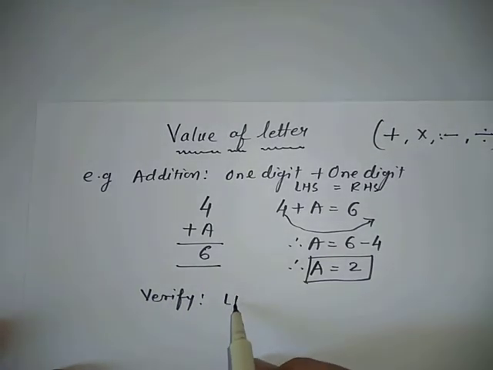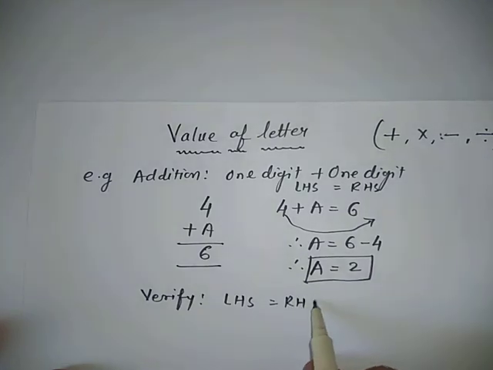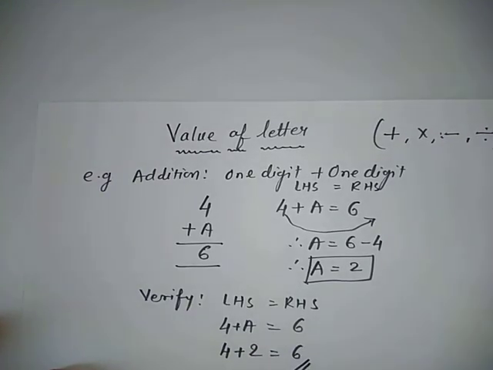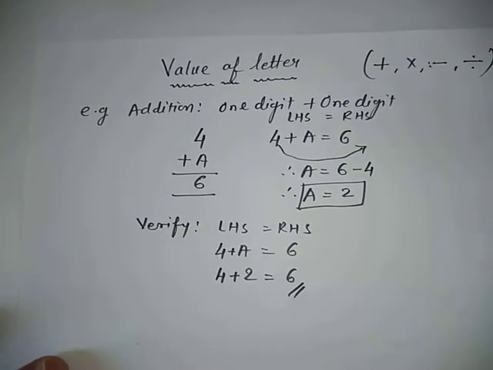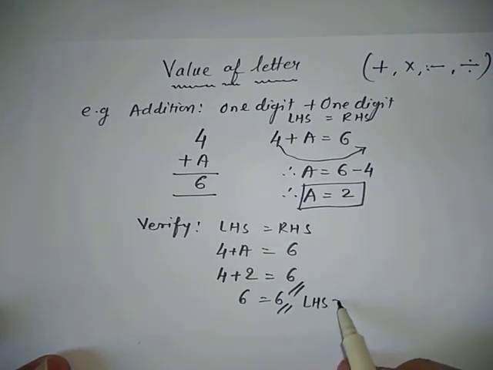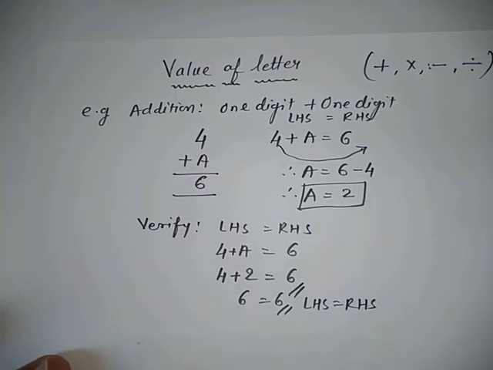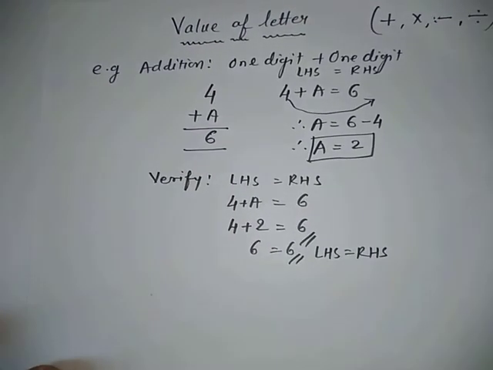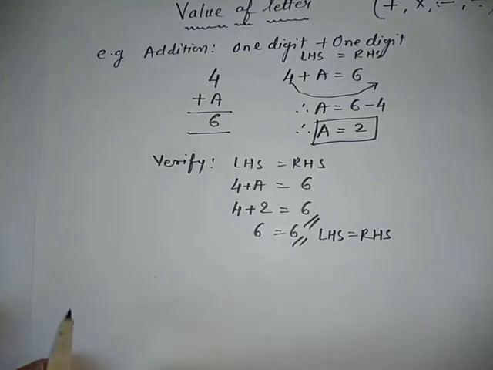It was 4 plus a is equal to 6, so 4 plus 2 is equal to 6. Yes, verified. 6 is equal to 6, LHS is equal to RHS. Same way we can go for 2-digit numbers also.